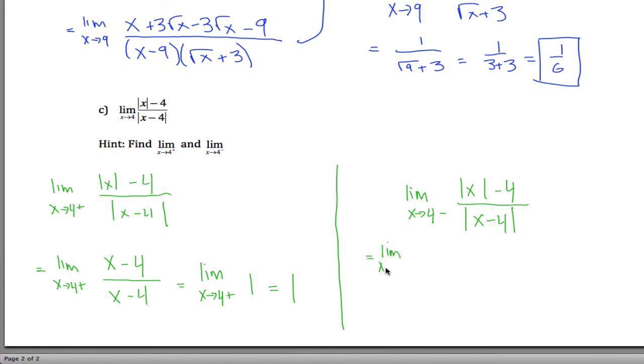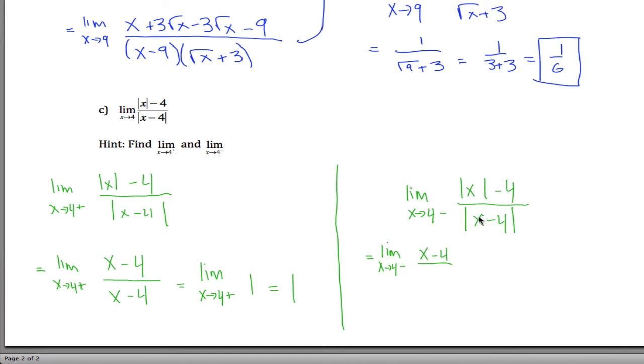The limit as x approaches 4 from the negative side. Now I'm thinking a little bit less than 4, 3.99999. It's still a positive number, so the absolute value sign up here still isn't doing anything, so I still don't even need to include it. I can just get rid of the absolute value signs around this x. However, down here it's different. If I have a number a little bit less than 4, when I subtract 4 from that, I end up with a negative number.